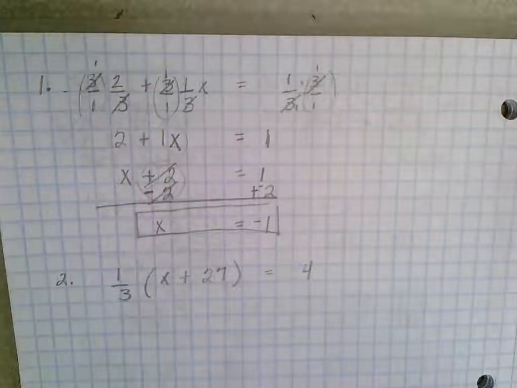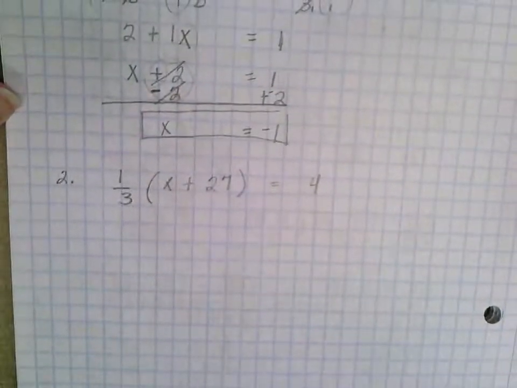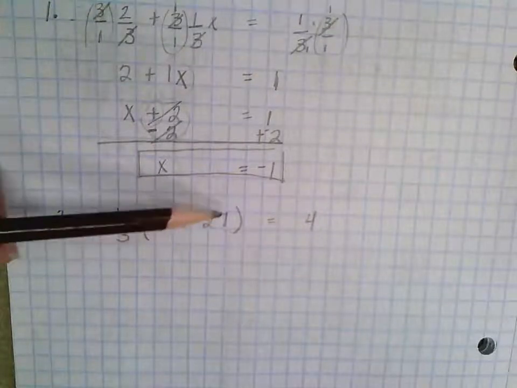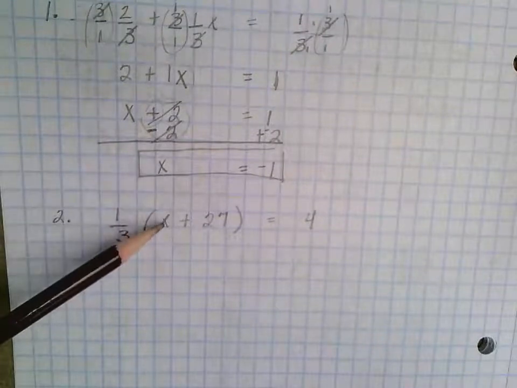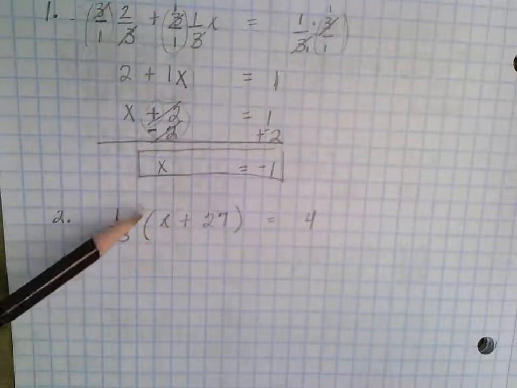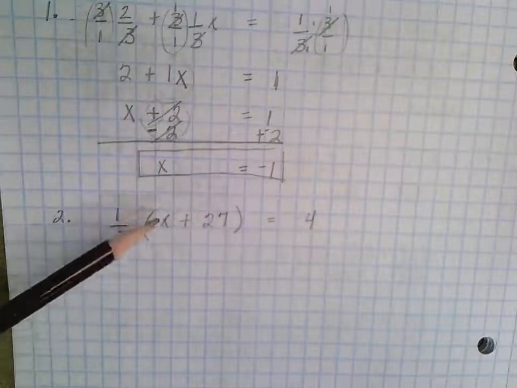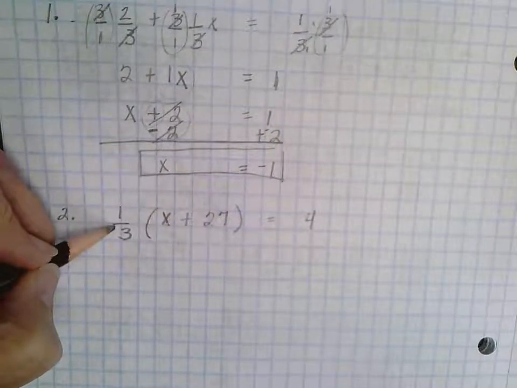Now we're using fractions again here, but notice that we are now introducing parentheses. We have an expression inside parentheses, and outside of the parentheses we're multiplying by a fraction.